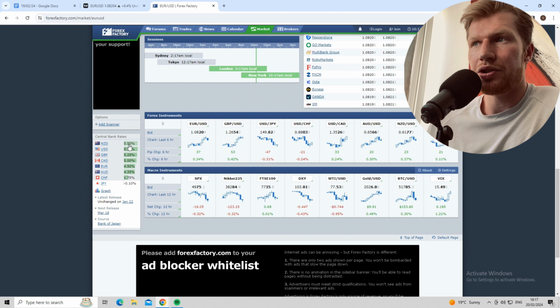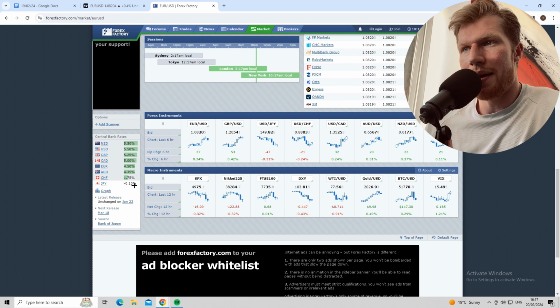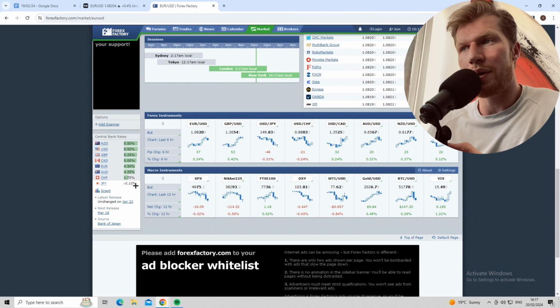While all the other major currencies have been increasing rates, with the exception of Swiss franc, Japan has kept their rates negative. There doesn't seem to be any signs that they're going to change that anytime soon. Now they will eventually, but when? We have to wait for the data to show that it's likely they're going to change it soon and start to raise rates.